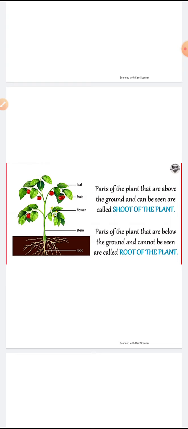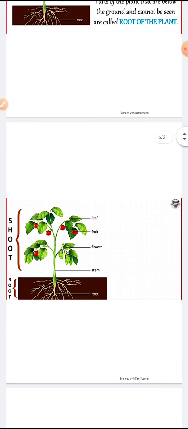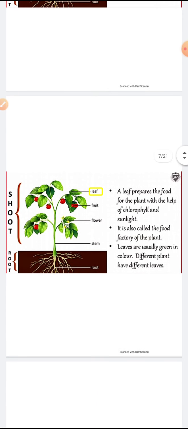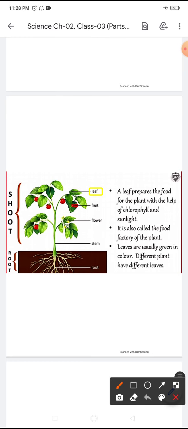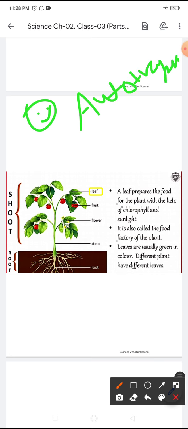The upper part is called the shoot of the plant, the lower part is called the root of the plant. Then the function of leaf: in the presence of sunlight, these leaves are capable of making their own food. That's why they are called autotrophs or producers.